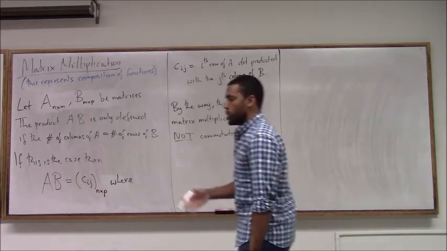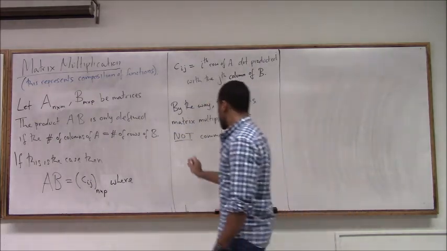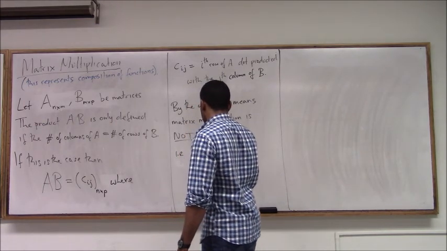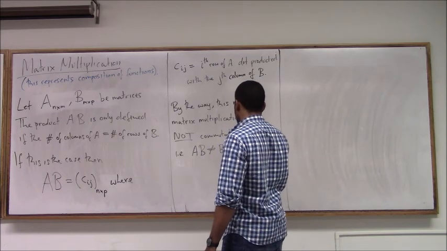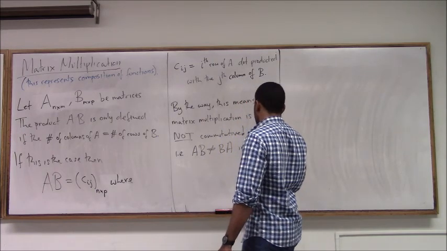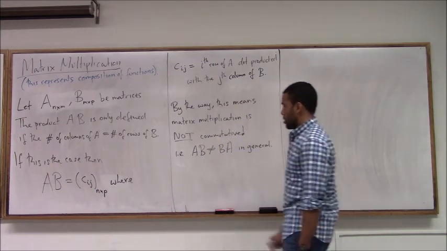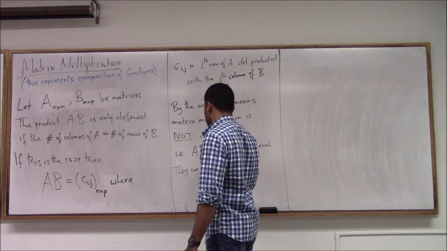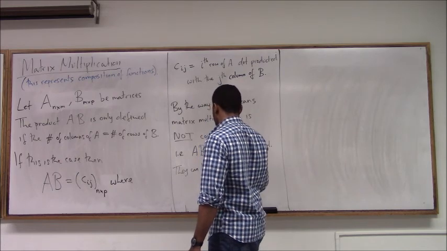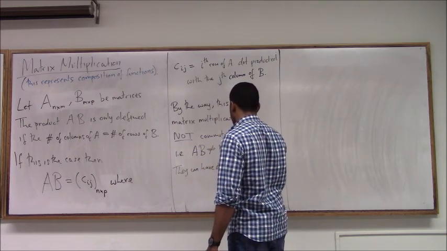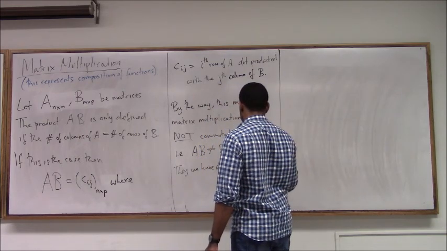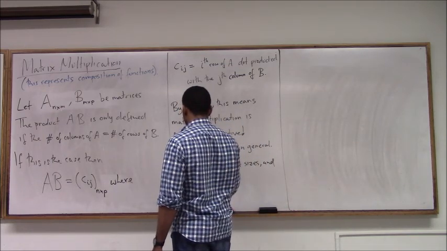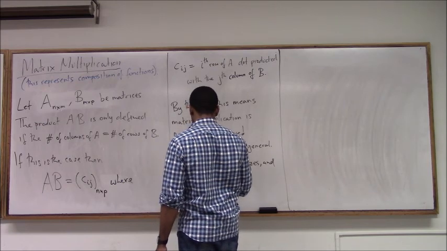That means the order in which you multiply matrices matters, i.e., AB is not the same as BA in general. They can have different sizes. It's even possible for one to exist while the other doesn't.